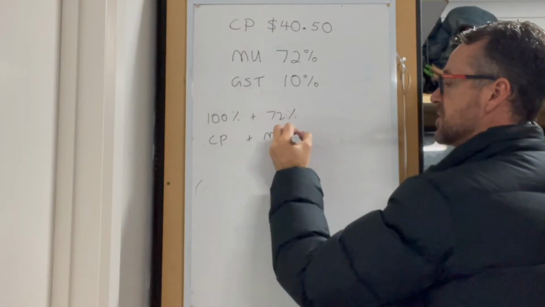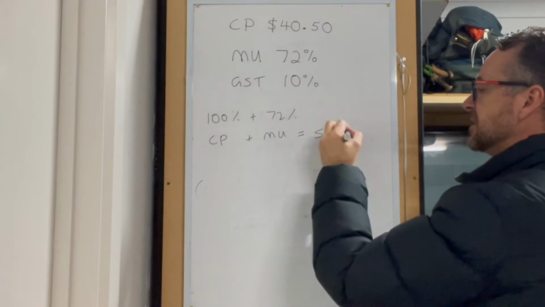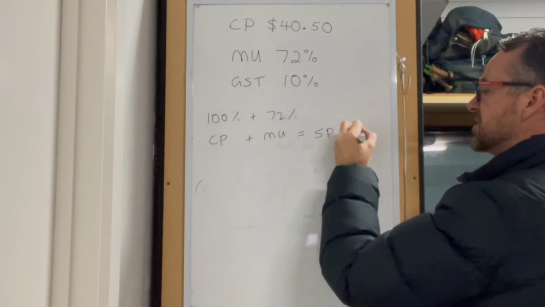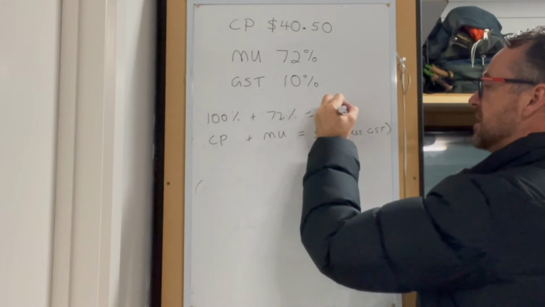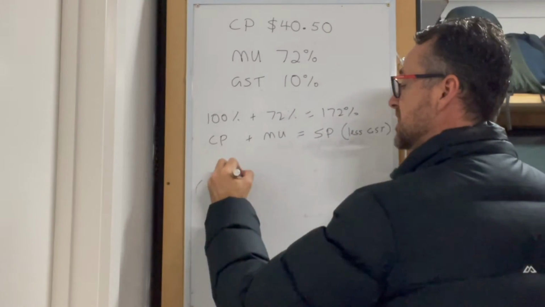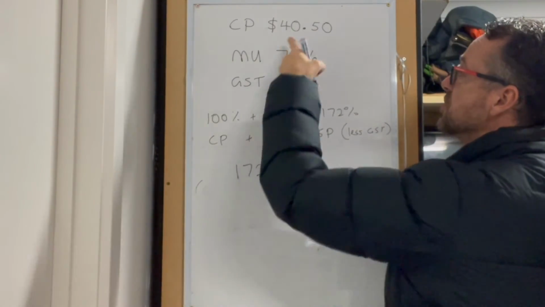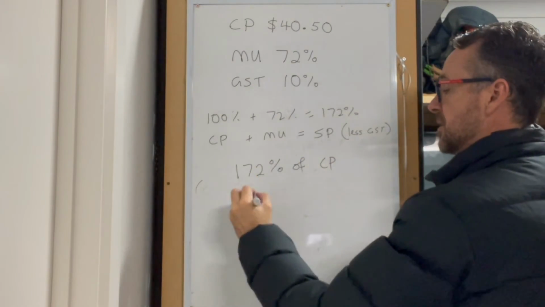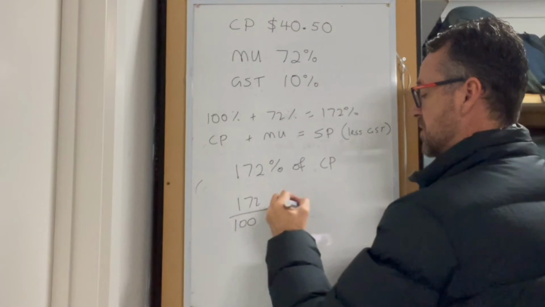So that equals the selling price less the GST at that point. So that equals 172%.